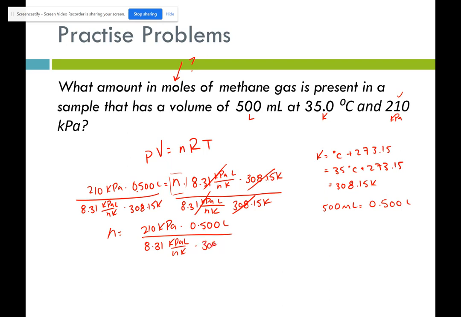and 308.15 Kelvin. Now, all of these have been reported to 3 significant figures. So I'm going to report this to 3, so I'll put in 210 times 0.5 divided by what's on the bottom here.